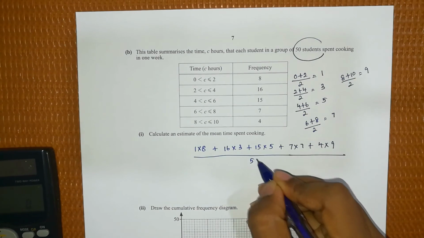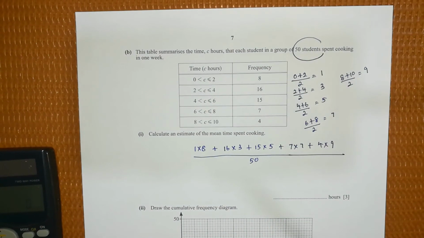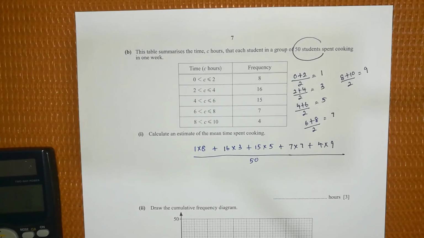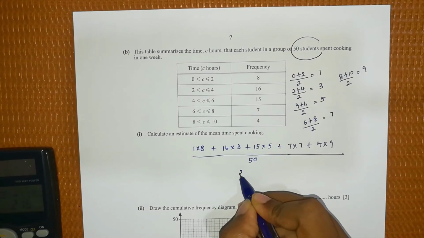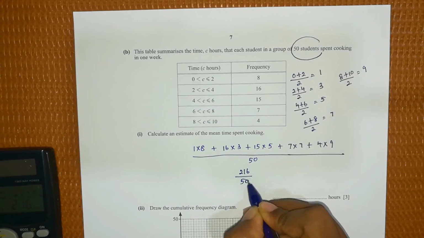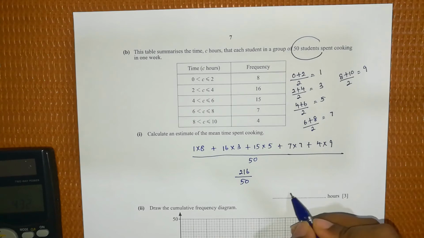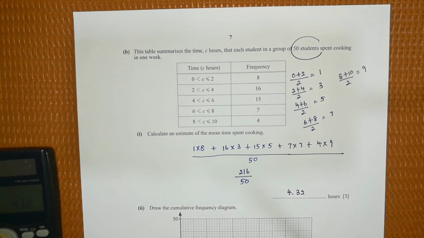So we have to divide this by 50. Here it is 216 divided by 50. Answer is 4.32. So the mean time spent cooking is 4.32 hours.